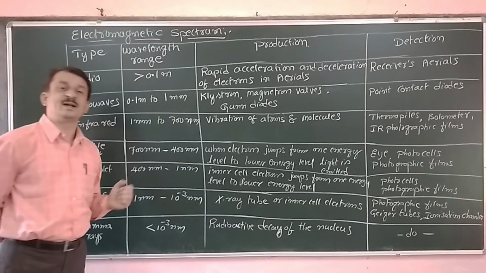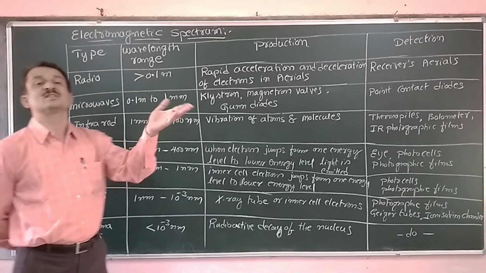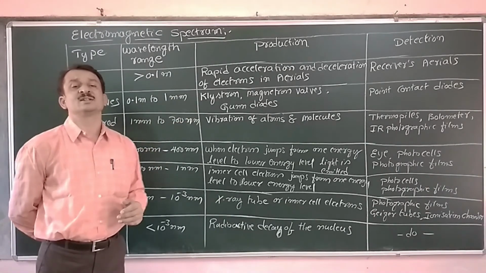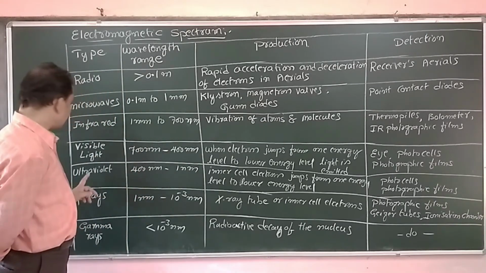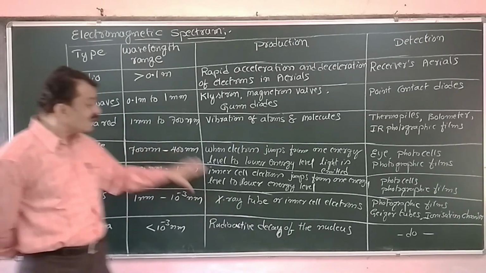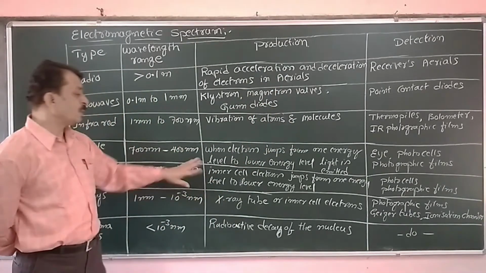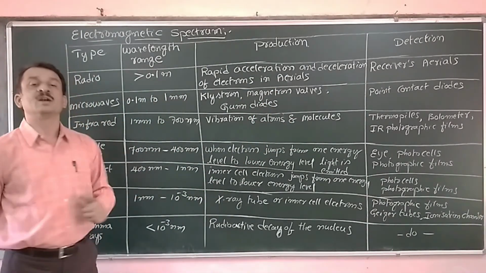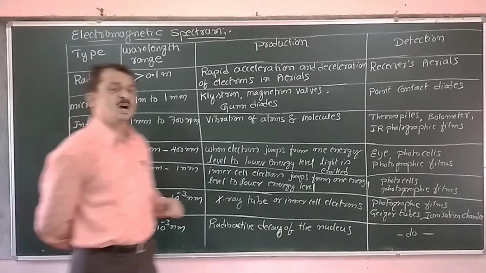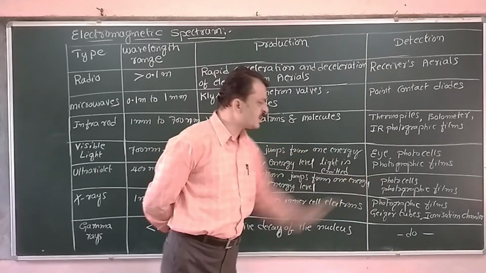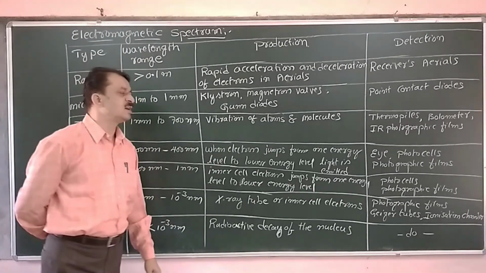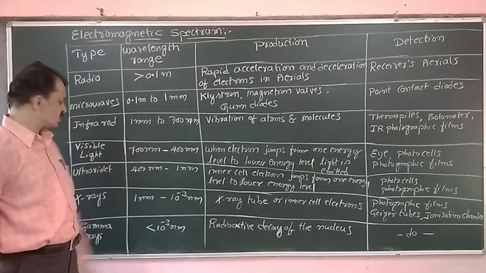But in visible light, outer shell electrons jump from a higher energy level to a lower energy level. In the case of ultraviolet light, the inner shell electrons jump from a higher energy level to a lower energy level, and by that they emit ultraviolet radiations. How are they detected? Once again, by using photocells and photographic films.